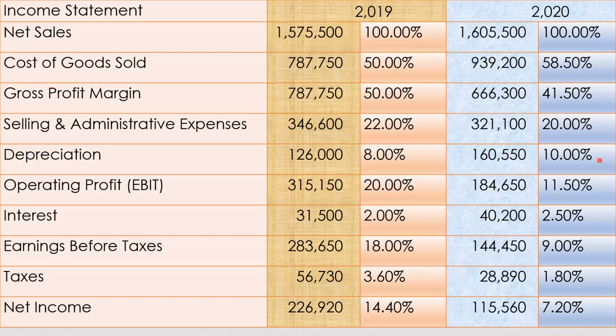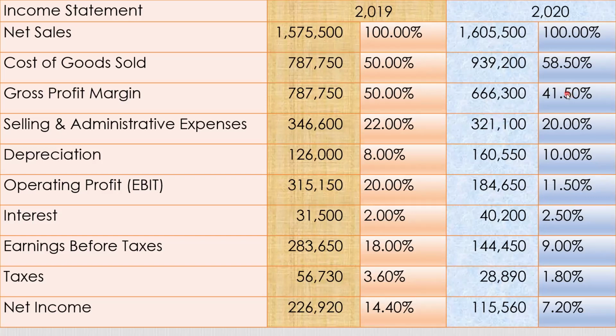That's why this depreciation figure is higher in 2020 compared to 2019. Due to this increase in depreciation, and lesser selling and administrative expenses, the operating profit figure is less in 2020.